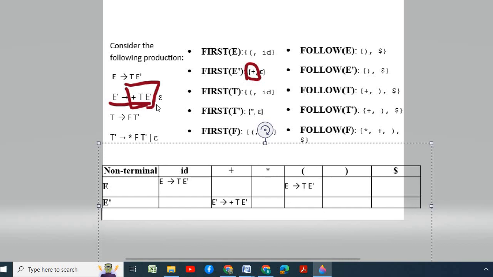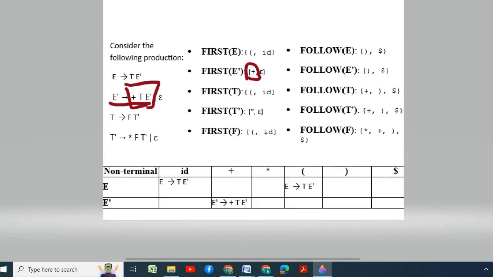So what is the next production? The next production is E dash tends to epsilon. So when we have epsilon, where do we have to write it? We can't write it in the space, because there is no terminal for epsilon here.